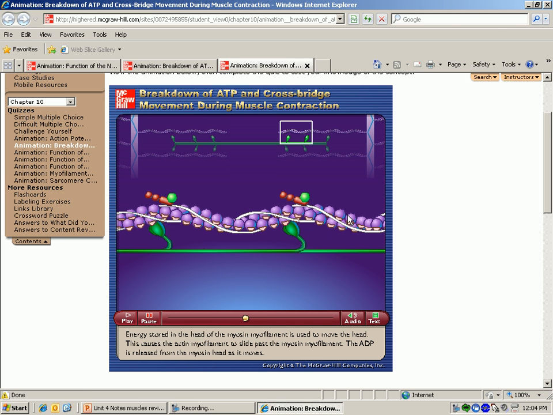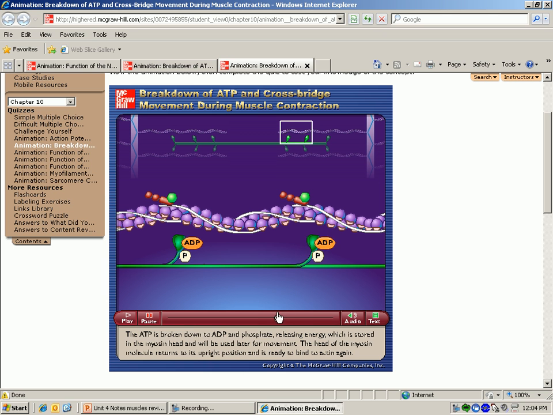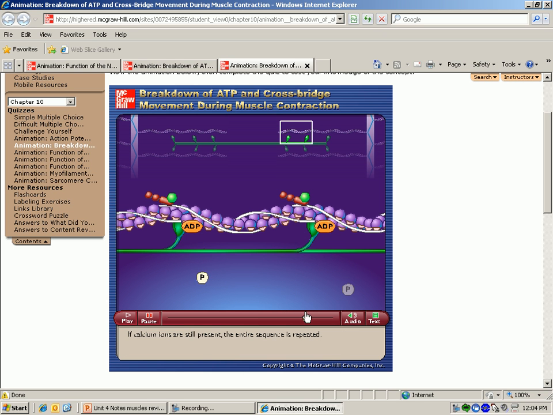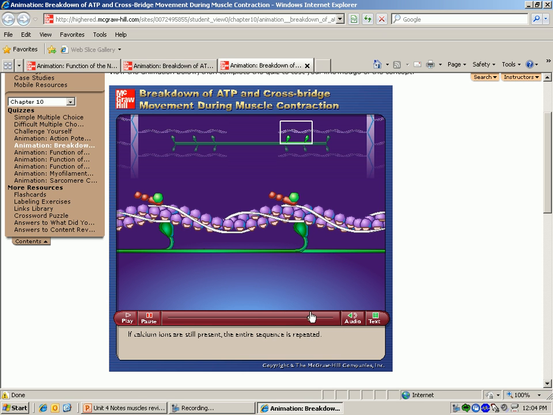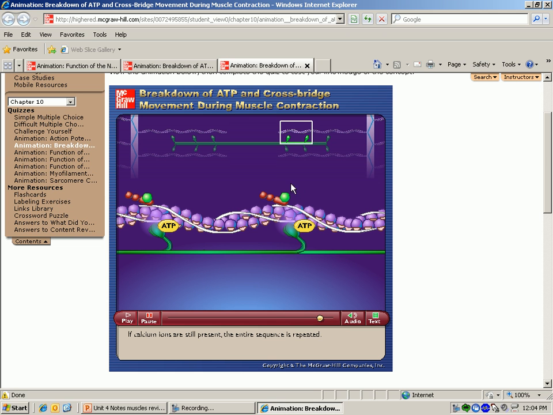Now of course, here it goes again. ATP causes the myosin to bind to actin and create a movement, all with the presence of calcium and allowing the troponin and tropomyosin to be out of the way. Now of course, this process where myosin grabs actin and pulls, grabs actin and pulls, can happen in a thousandth of a second.